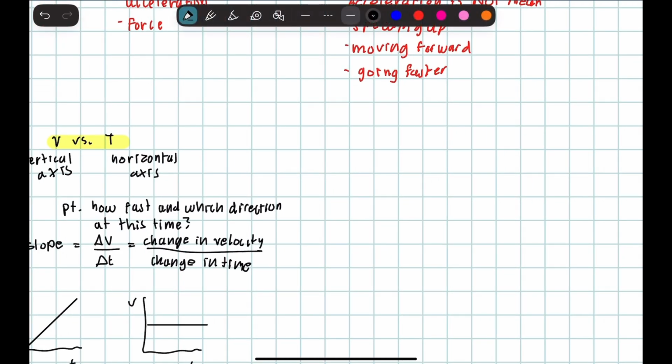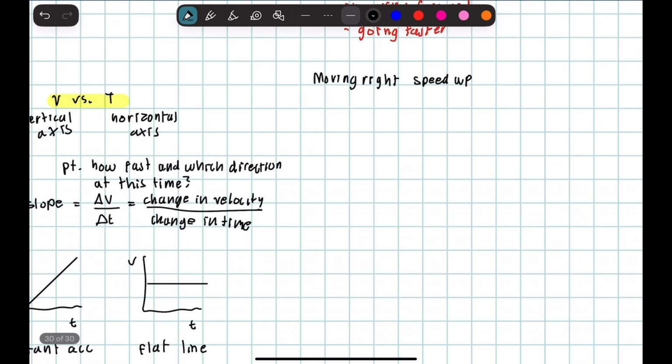So we can break this down into situations. So if we are moving right and you're speeding up, we can look at the velocity and compare it to the acceleration.